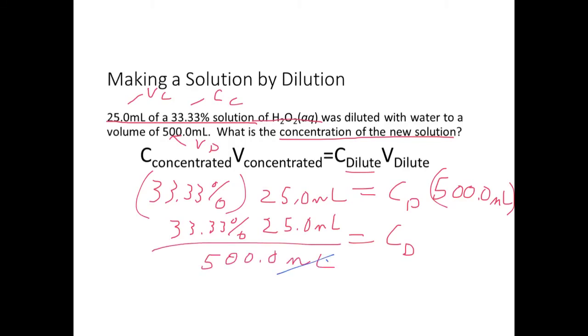Doing that cancels out your milliliters, and you're left with the concentration of your dilute solution being 33.33 divided by 500 times 25, and that gives you 3 sig figs, it looks like, 16.7%.